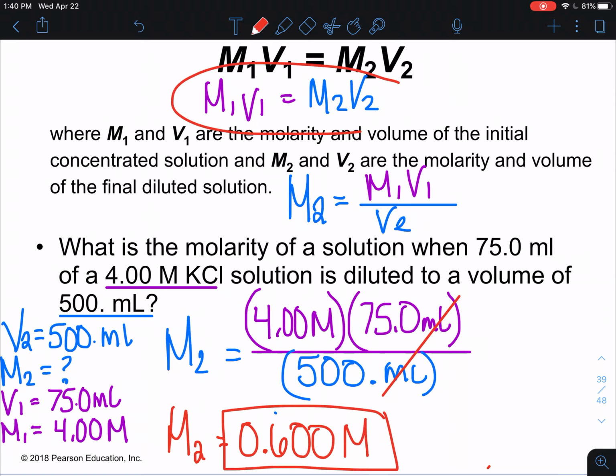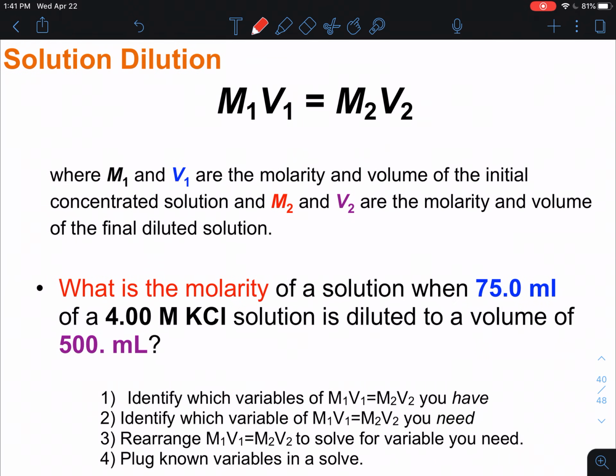Again, we isolated the variables, figured out which one we needed to solve for, which was M2, rearranged for M2, plugged in our numbers, and made sure that our units cancel, and they did correctly.